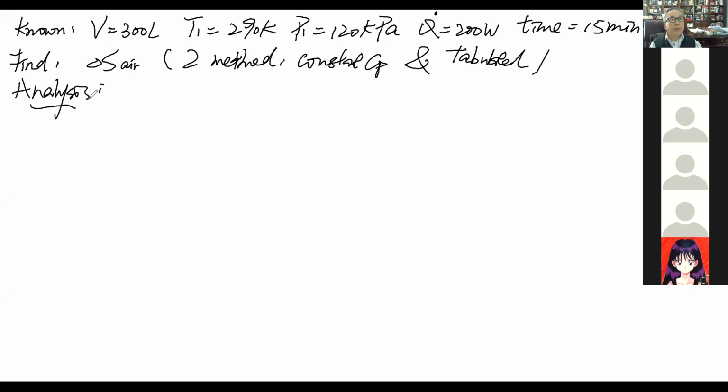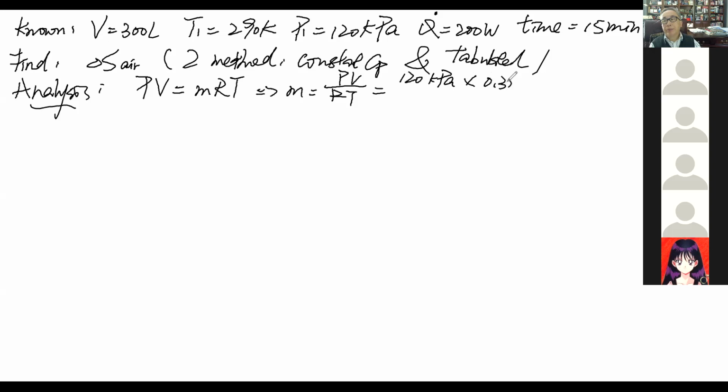So we first know it's an ideal gas, so we can use the ideal gas law, which is PV equals mRT. We know P, we know the volume, we know R, we know T. Then we can find the mass, which is PV over RT, is 120 kilopascal times 0.3 meters cubed over.